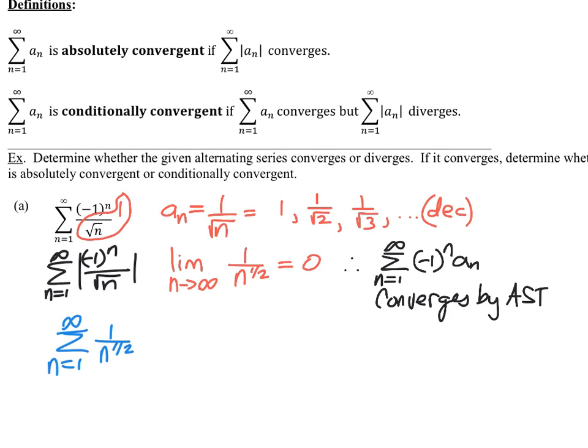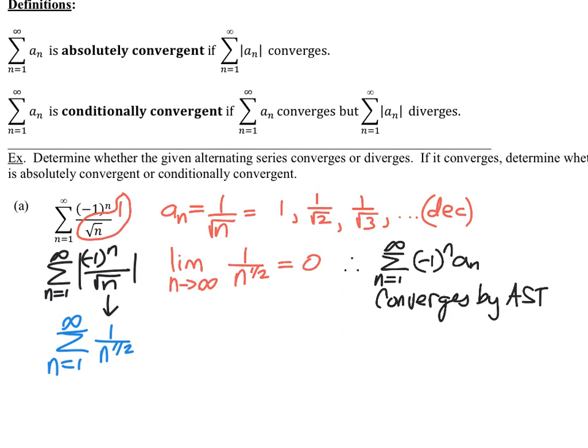So square root of positive is positive. Negative 1 to the nth is going to be positive or negative depending on what n is. But if I'm telling you I'm taking the absolute value of it, then any negative is going to go to a positive. So really, anytime you're looking for the absolute value of an alternating series, all you're doing is dropping the negative 1 to the power part of it.